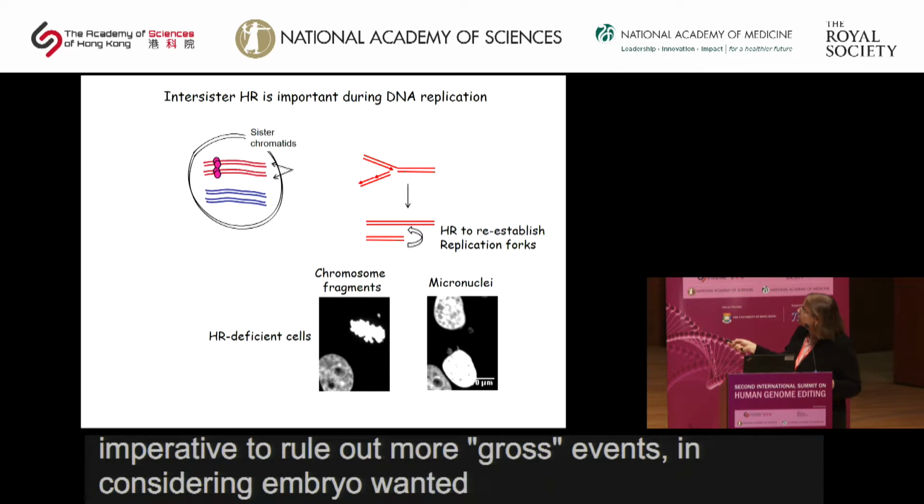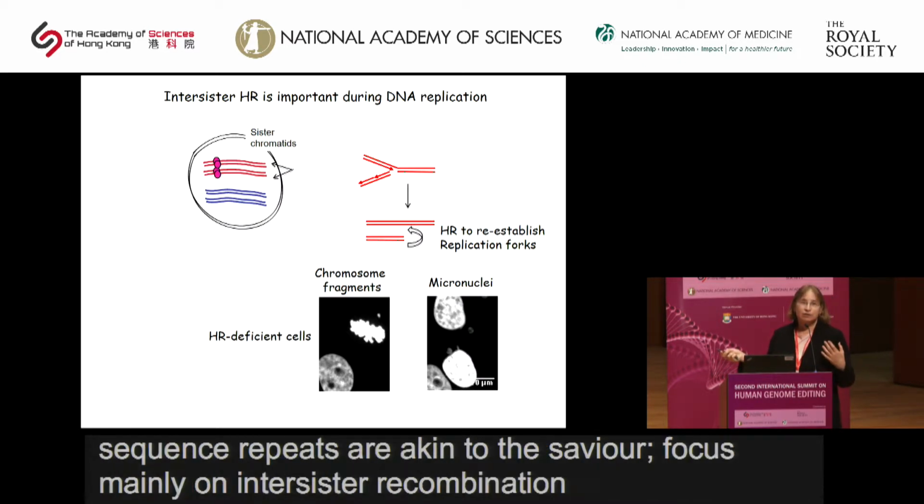And intersister recombination is what we think is the predominant pathway, which I think is interesting to note in terms of nuclease approaches, because both copies of the sister can be broken at the same time, ruling out intersister repair in those situations.